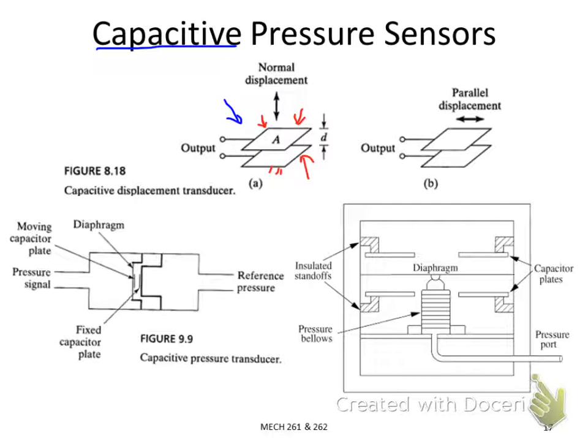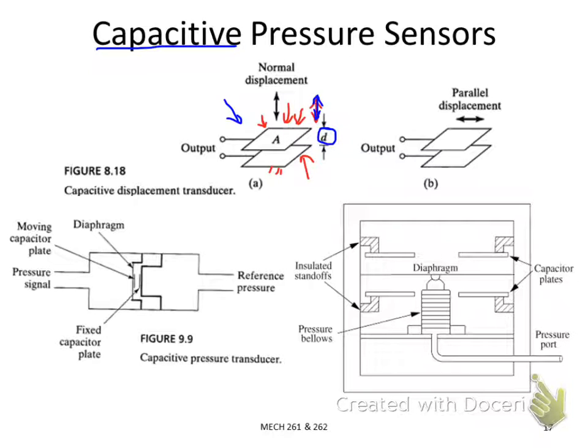If you make this structure a diaphragm, it can be deformed up and down, right? If you use a different color to indicate the deformation direction, the top diaphragm can be deformed, so the gap size here will be changed.